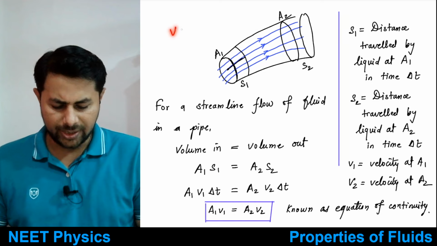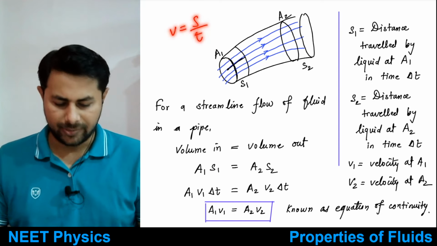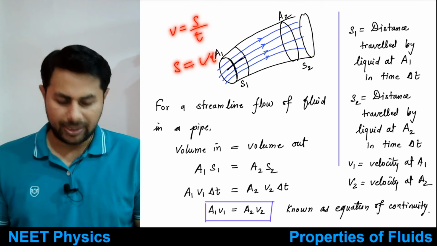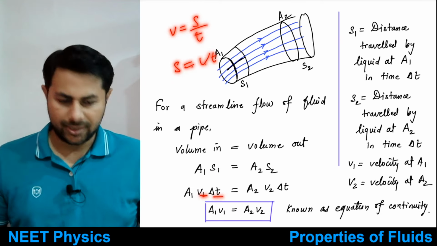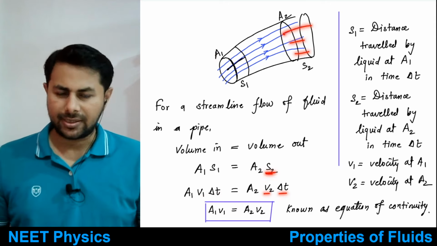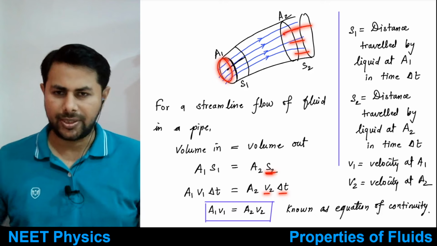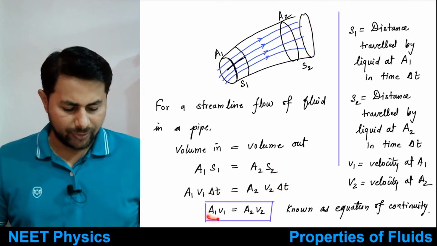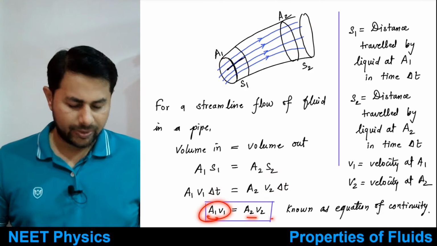Speed is equal to distance covered divided by time, and therefore distance covered is equal to speed multiplied by time. So S1 is V1 times delta t, and S2 is V2 times delta t. The speeds at the two points may be different, but you can cancel out delta t, and then you get A1 V1 equals A2 V2.